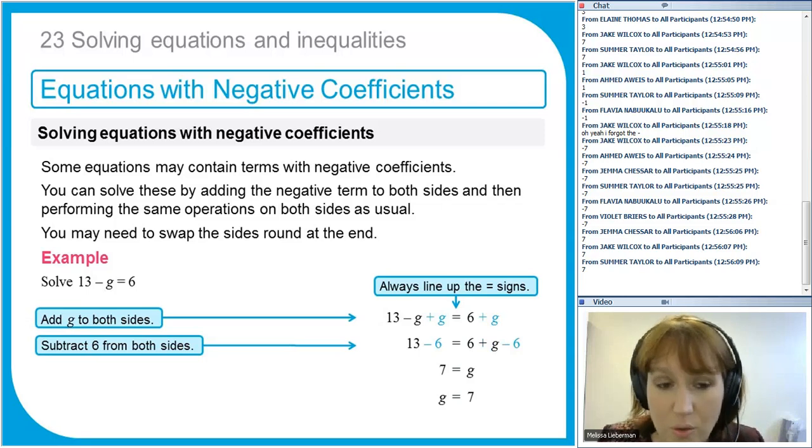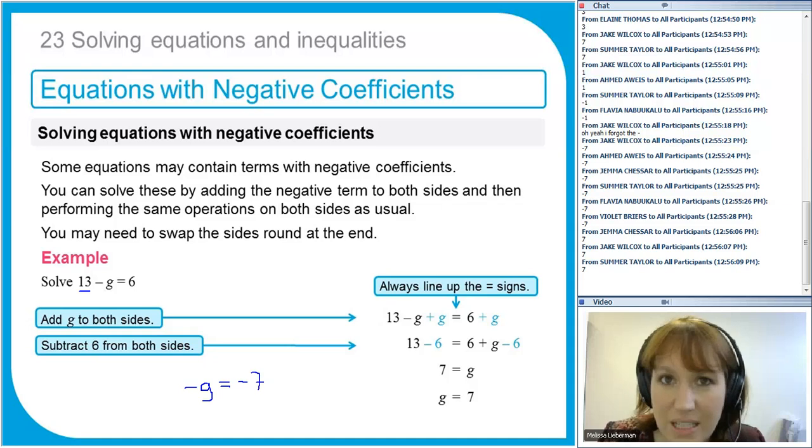Another way that you could solve an equation like this is to start by subtracting 13 from both sides. You're going to end up with some negative numbers. As long as you're confident with negative numbers, you could do it this way. But remember that the minus sign still stays in front of the g. So if I subtract 13 from both sides, then I would get minus g equals 6 subtract 13. 6 subtract 13 is minus 7.